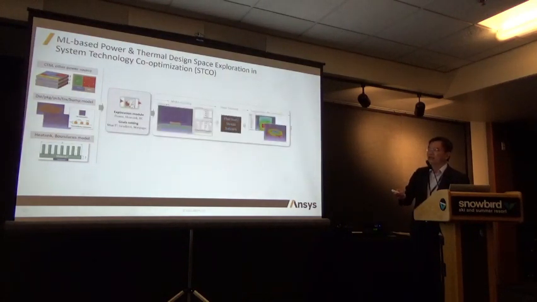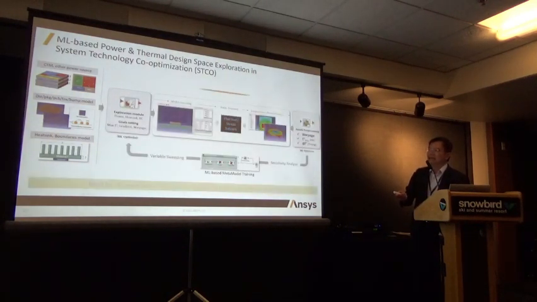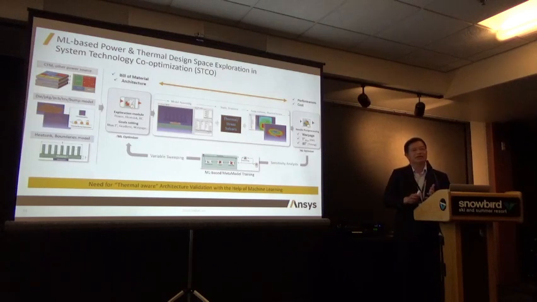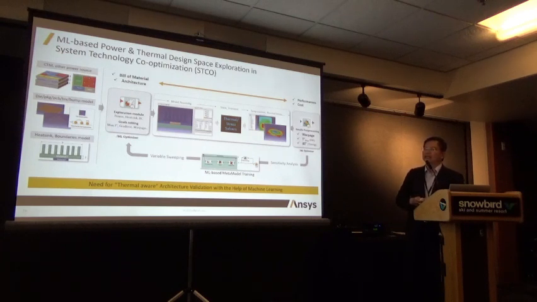The grand scheme that we are thinking about is, let's say, this is an example of a 3D IC. There are many input parameters, including the heatsink design, where you want to put the TSV area, how many layers in the interposer you want to design, where you want to put the C4 bump, how many metal layers you want to use for power ground grid construction, where you want to put the block power and the placement, and also the relationship among the chiplets in the 3D IC.